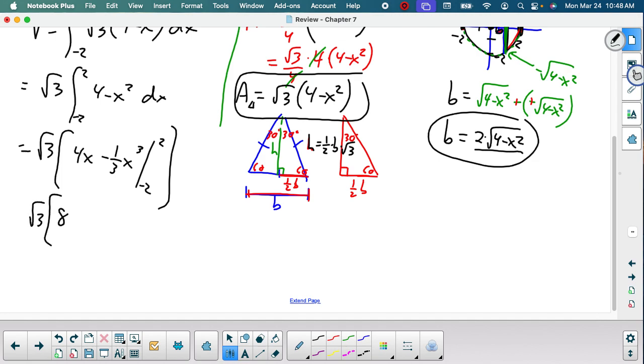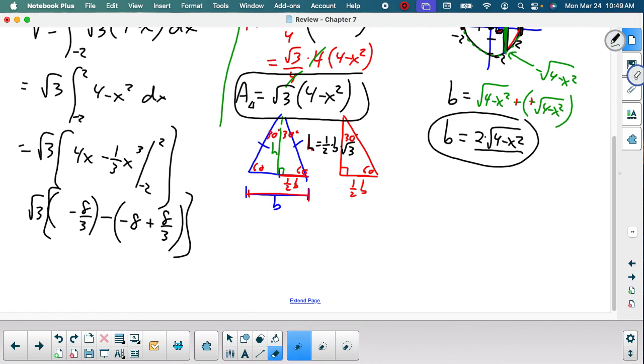I'm going to have 8 minus 8/3. If I plug in -2, I'm going to get -8 minus, actually I can turn it into plus 8/3. If I get a common denominator, this would be 24/3. This one's going to be -24/3.